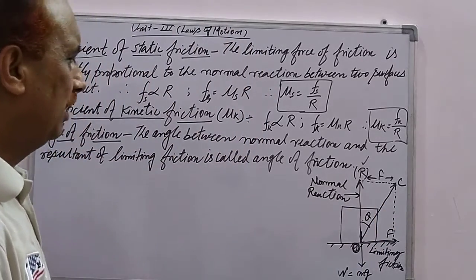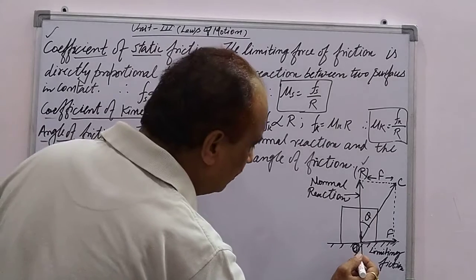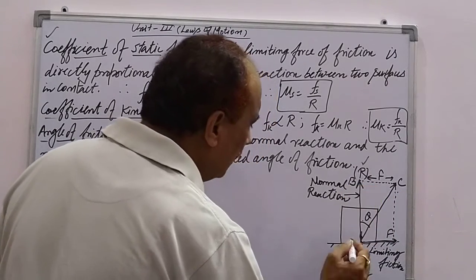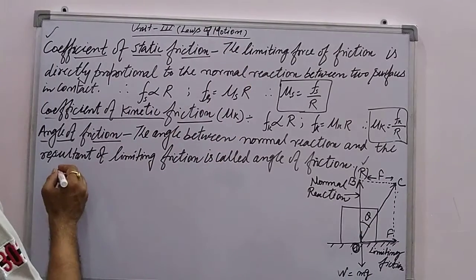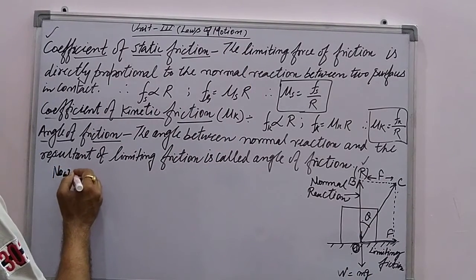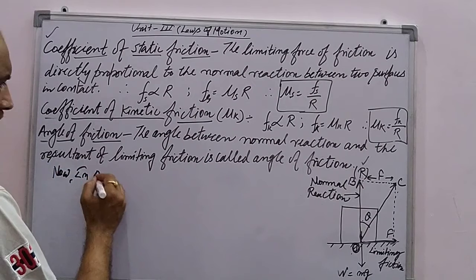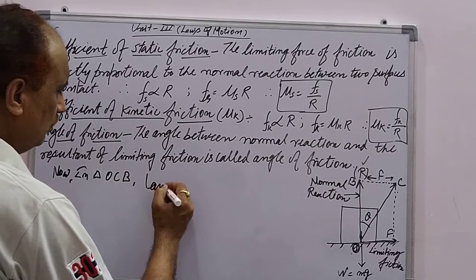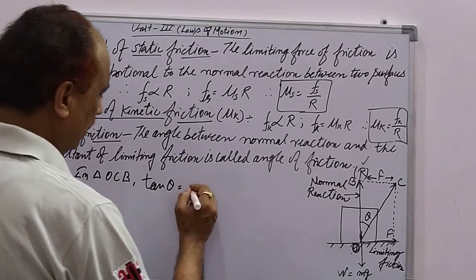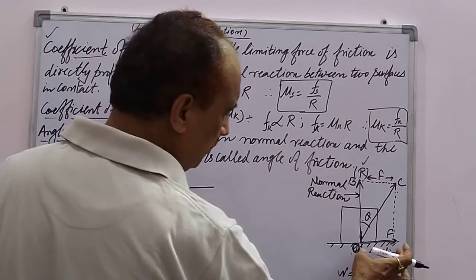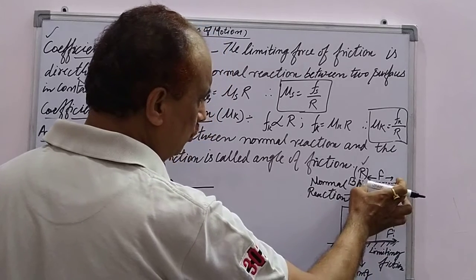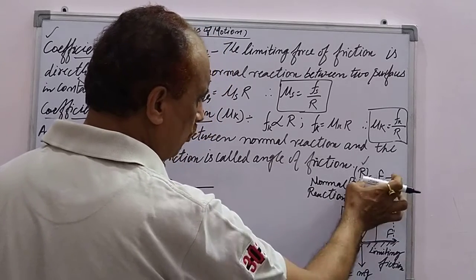Now we can find out the value of theta. We take the triangle OCB. We have to find out the value of tan theta in this triangle. The limiting friction is represented by force F, which is equivalent to BC.